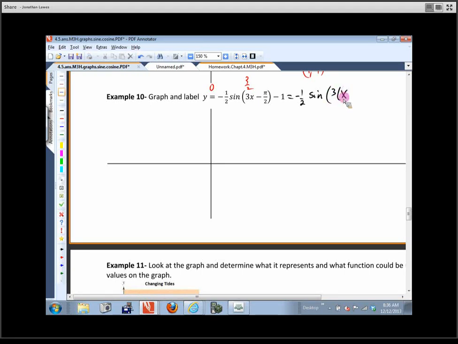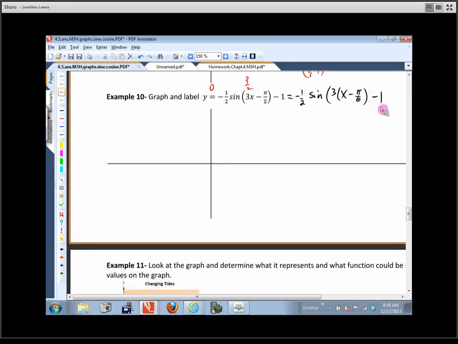I'm left with an x. And when I take out a 3, I divide out a 3. And what's going to happen to this pi halves? If I divide pi halves by 3, I'd take that and I'd flip it over and multiply. So I multiply by 1/3. I end up with pi 6. So this is minus pi 6.